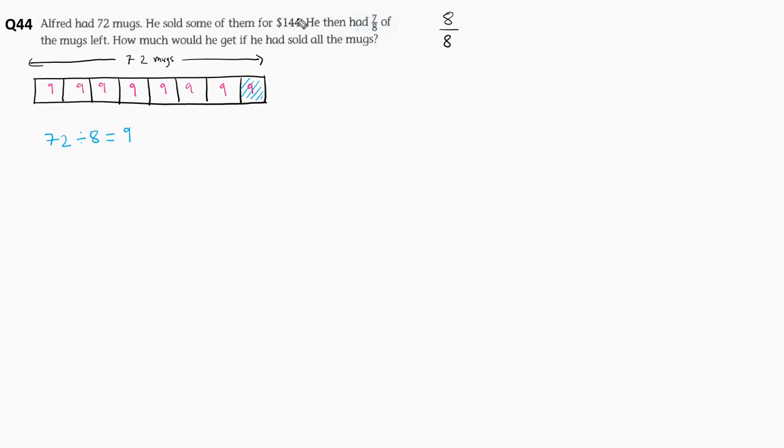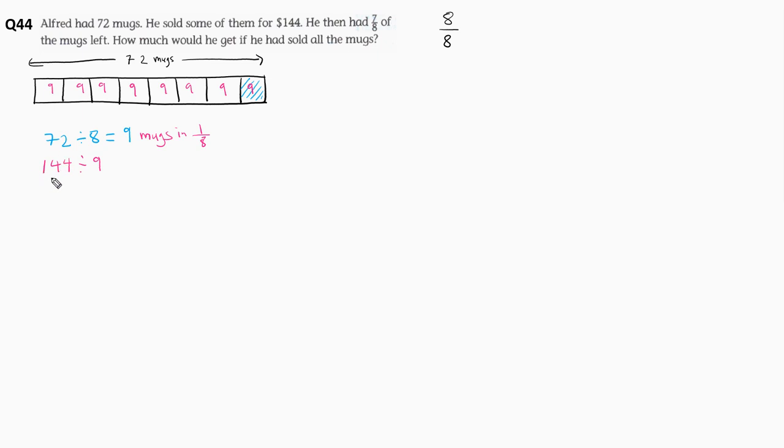Okay, happy with that. And it then shows you that they're trying to find out how much each mug sold for. And 9 mugs sold for $144. So we've got 144. If we divide that by 9, this 9 is the mugs in 1/8.